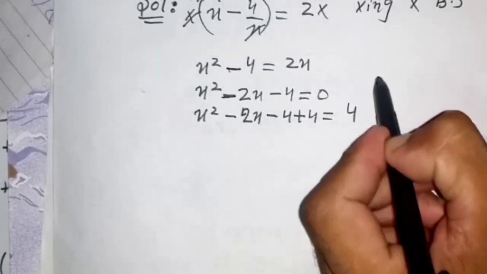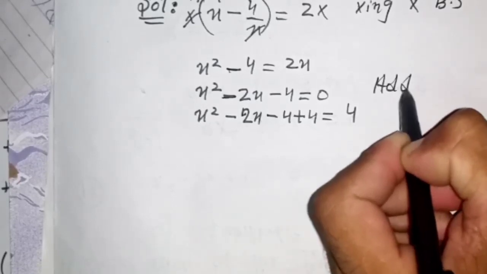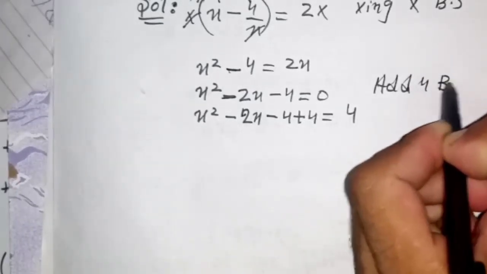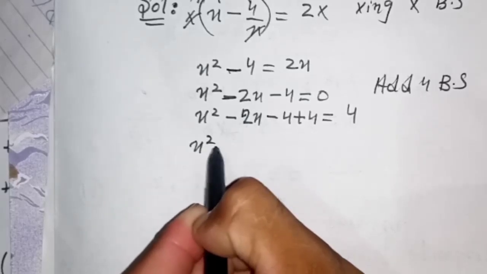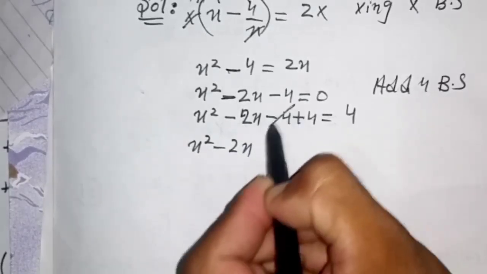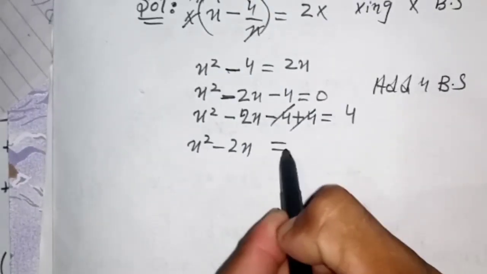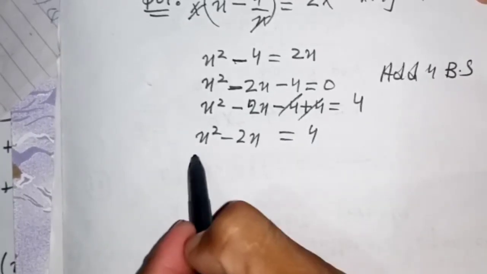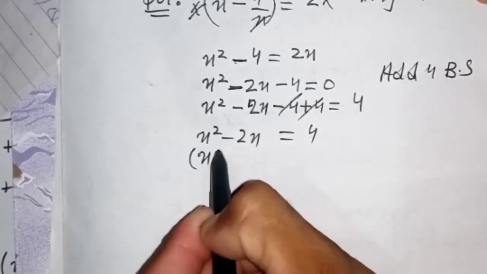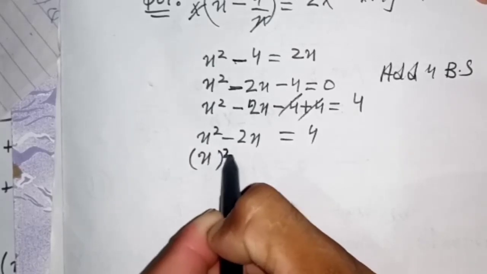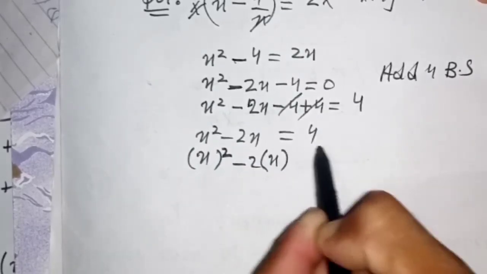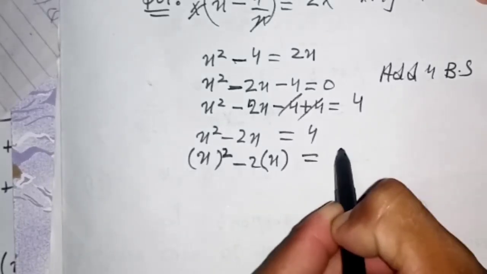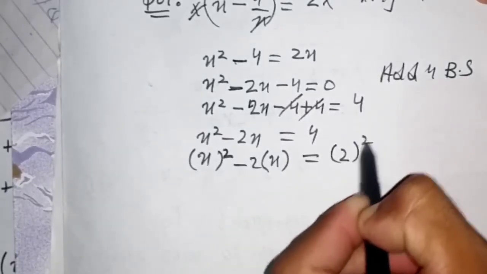We add 4 on both sides, so we get x² minus 2x, the 4s cancel out, is equal to 4.